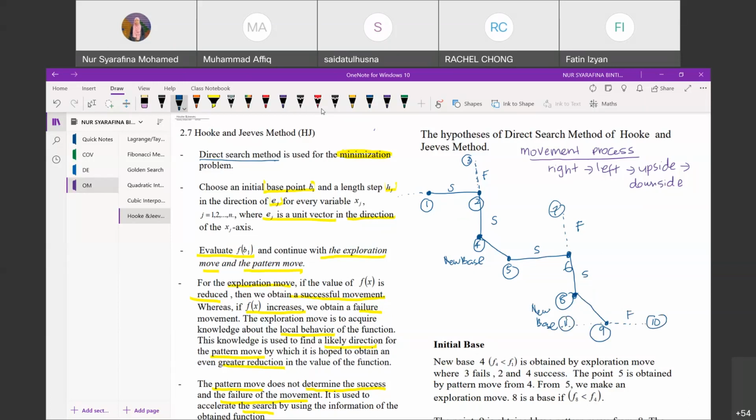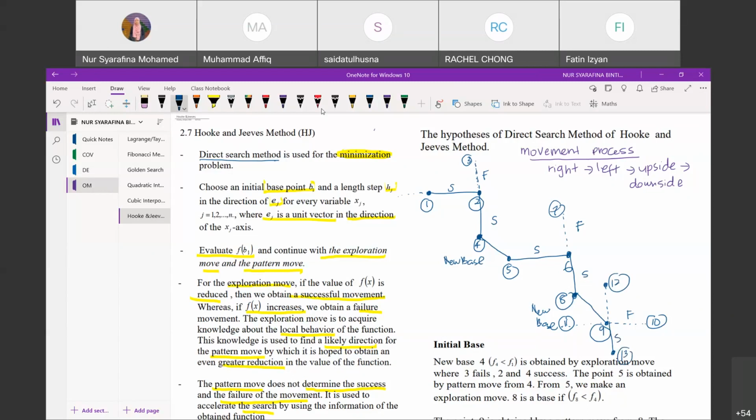Let's say this is also failure. Then we have to move to the upside here. And then let's say you move downside and then it is success. So this is how we move. Clear now?